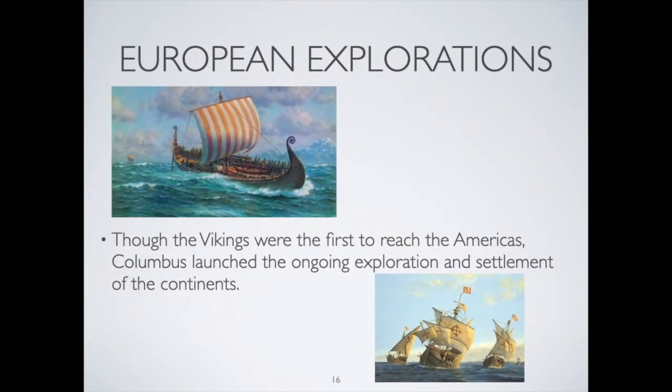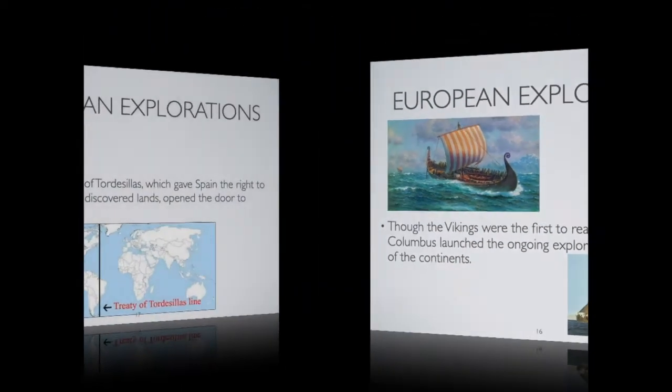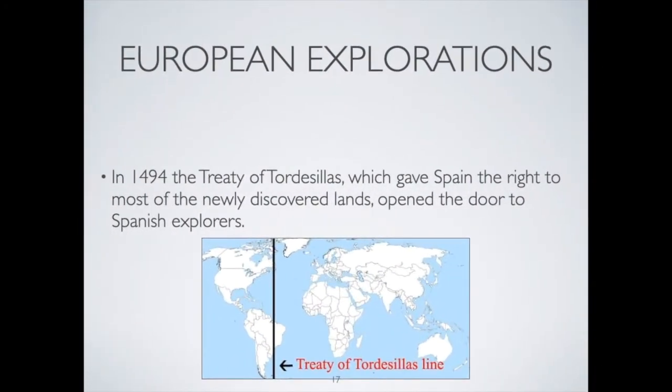Though the Vikings were the first to reach the Americas, Columbus launched the ongoing exploration and settlement of the continents. In 1494, the Treaty of Tordesillas, which gave Spain the right to most of the newly discovered lands, opened the door to Spanish explorers.